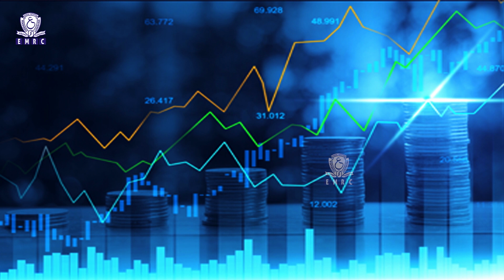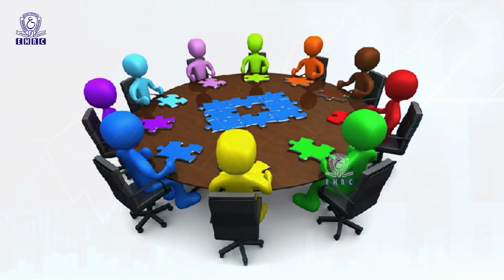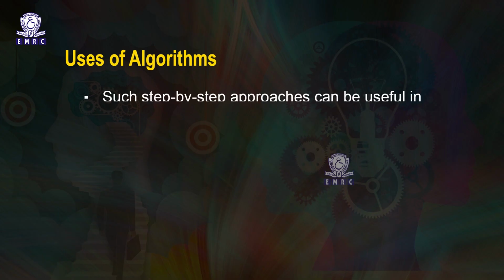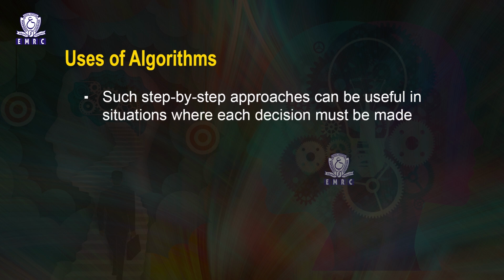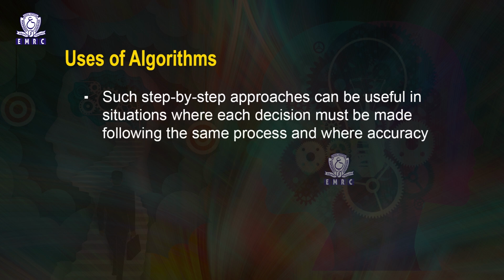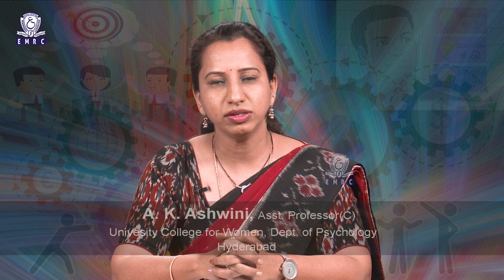Data then needs to be placed in the system so that the algorithm can be executed to come up with the correct solution. Such step-by-step approaches can be useful in situations where each decision must be made following the same process and where accuracy is critical. Because the process follows a prescribed procedure, you can be sure that you will reach the correct answer each time.